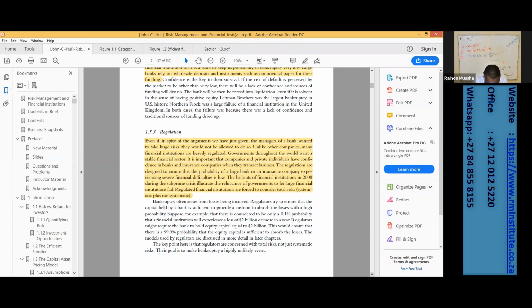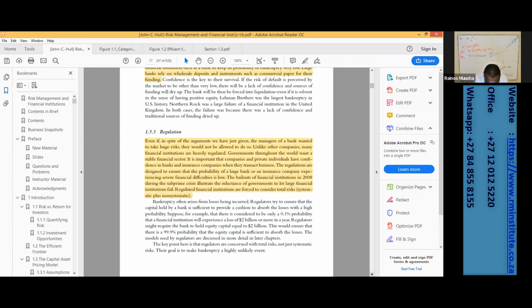So it is important that companies and private individuals have confidence in banks and insurance companies when they transact business. The regulations are designed to ensure that the probability of a large bank or an insurance company experiencing severe financial difficulties is low. The bailouts of financial institutions in 2008 during the subprime crisis illustrate the reluctance of the government to let large financial institutions fail.